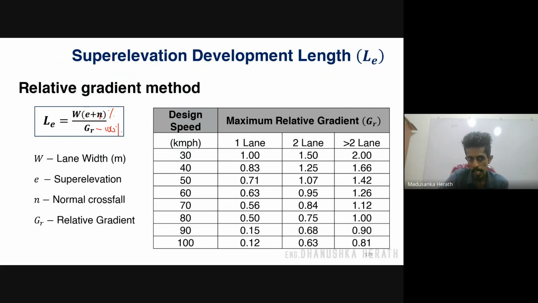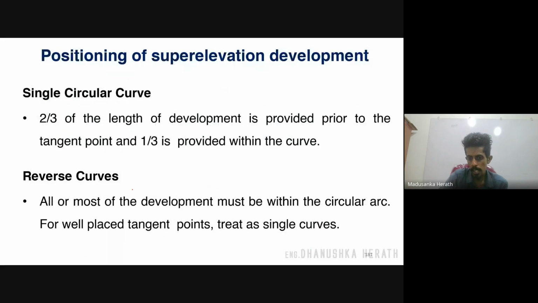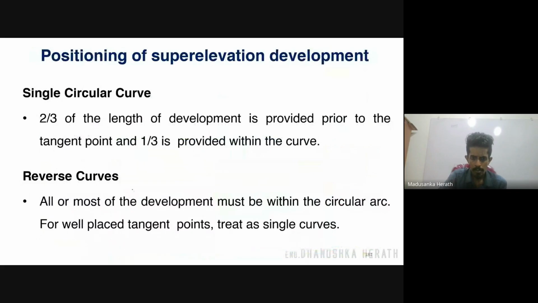So you can directly substitute 2.5 here, and GR you can substitute from this table. But in this case, beta is not a percentage. Therefore, when you are substituting for this equation, you substitute as a decimal. Right. Then we'll go for an example later.